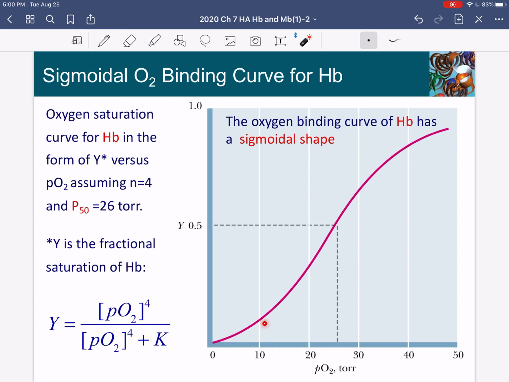T state, T state, T state, R state, R state, R state, right? So everybody's in T in the deoxy state, and then once one oxygen binds to a hemoglobin tetramer, all the other subunits can bind, and that's the hallmark of cooperativity, this S-shaped or sigmoidal curve.